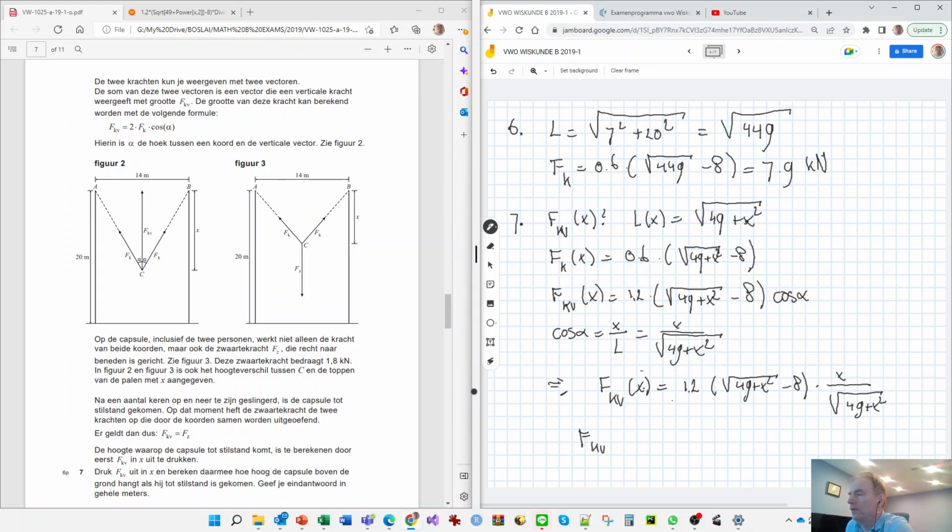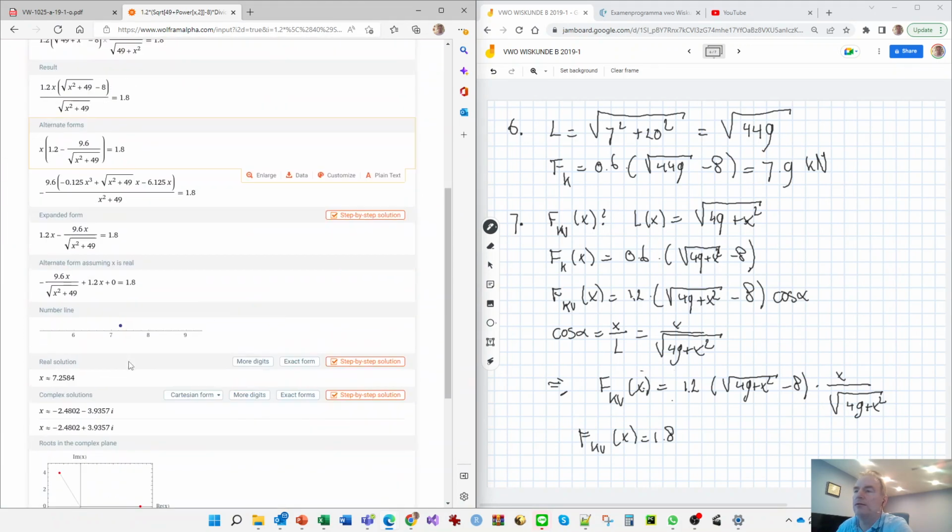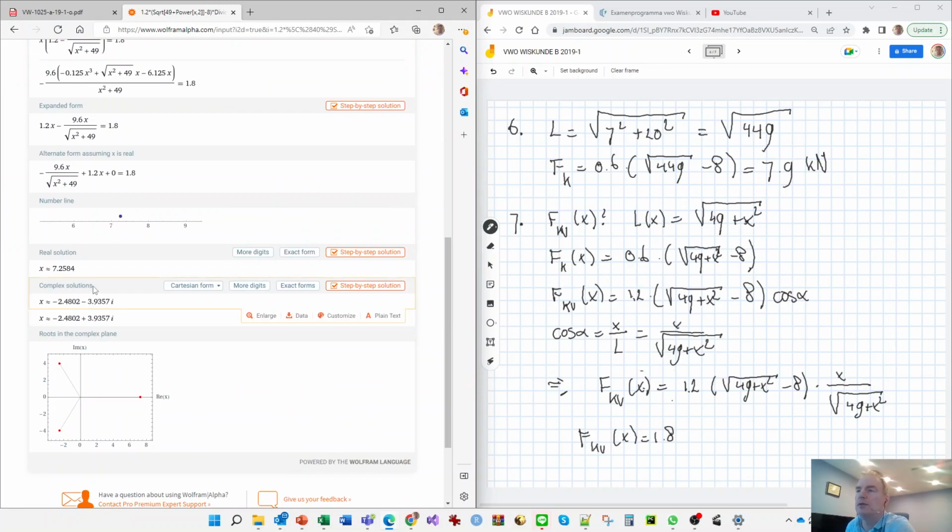Fkv of x is 1.8, and probably you can do this analytically, but it's really messy with the square roots. So we just put this in the calculator, and I just now did that, and then you find 7.25. So 1 decimal. Was that 1 decimal?